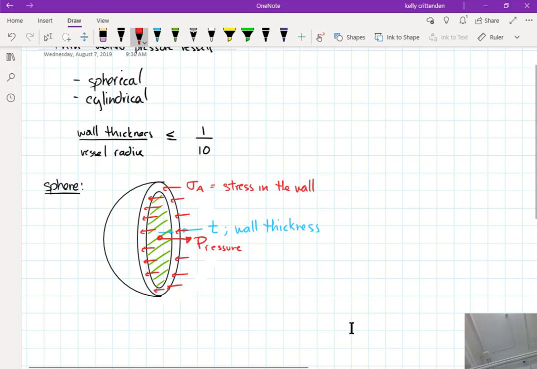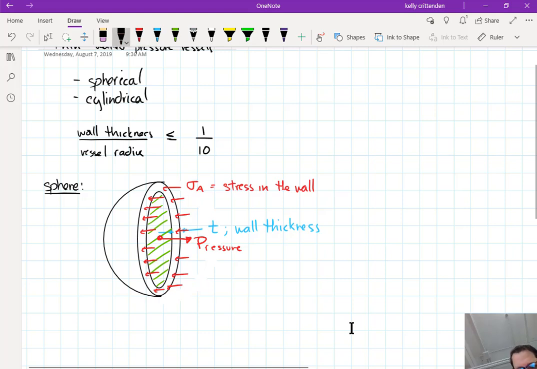If the stress in the wall exceeds the yield strength of whatever this pressure vessel is made from, then it deforms. And usually once it starts to deform, it gets a bulge somewhere and it blows up, because it's getting thinner and thinner at that spot, which causes the stress to increase because it's a smaller cross-sectional area, and it blows up.